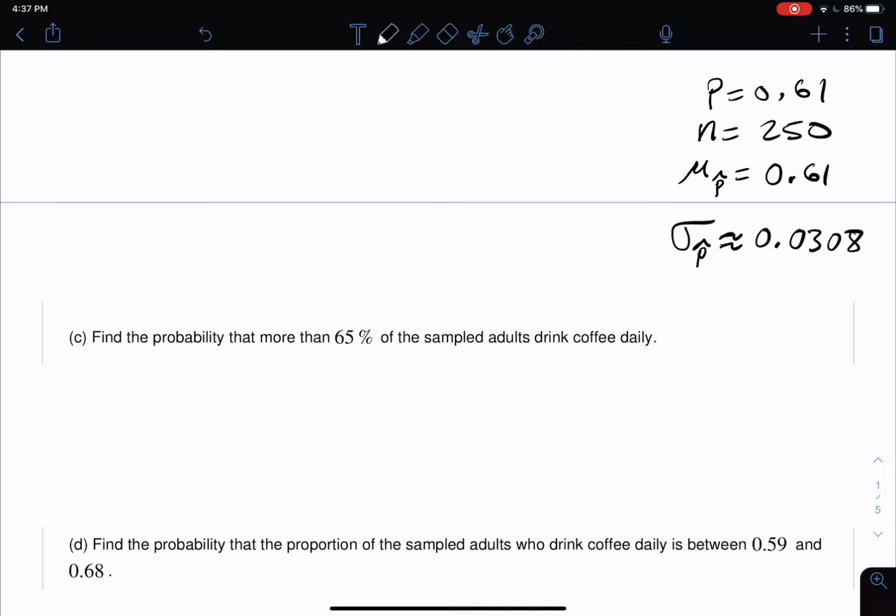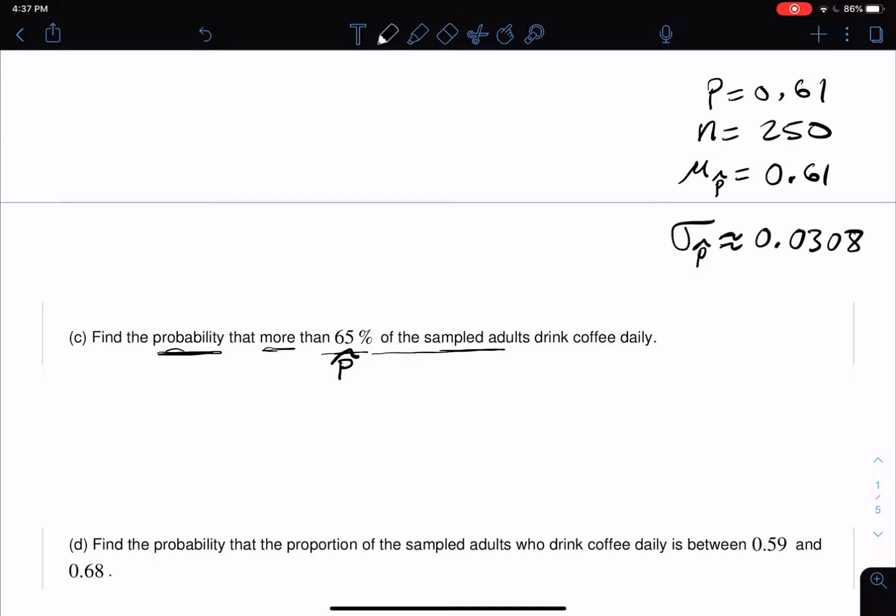First I better read the problem. Find the probability, and the probability is going to be the area under the curve. Find the probability that more than 65% of what? Of these sampled adults. So this 65% is actually a p hat, right?